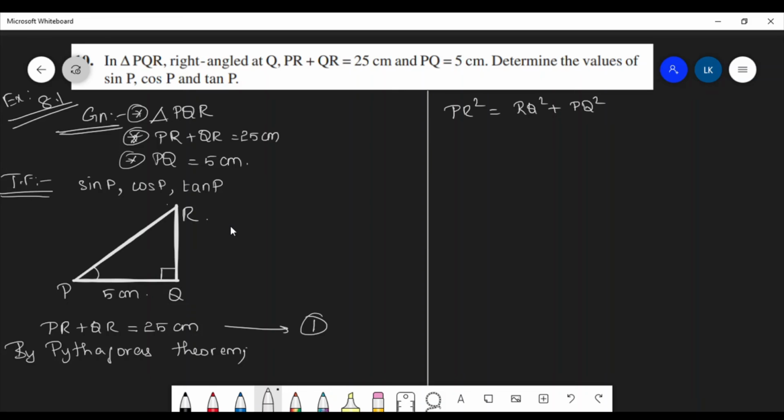PR square minus RQ square is equal to PQ square. And here this is the A square minus B square formula, which is A plus B into A minus B. We are going to use the formula here.